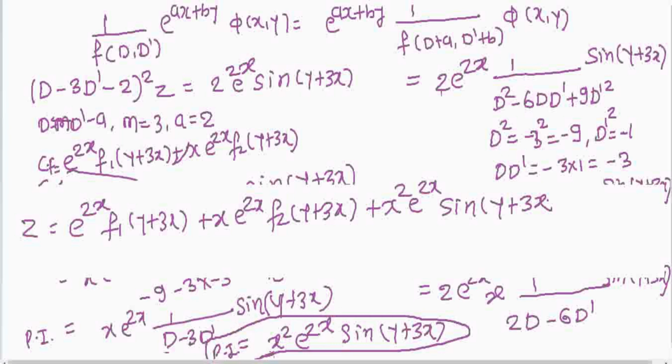The complete solution is equal to the complementary function plus the particular integral. So z is equal to this complementary function plus this particular integral. Again we have differentiated with respect to D and multiplied by x, so we get x square, and the derivative of D is 1, the derivative of D dash is 0, so 1, into sine of (y plus 3x).